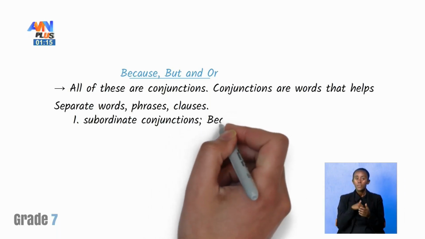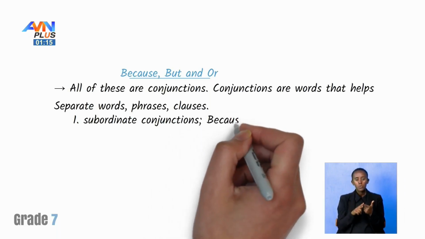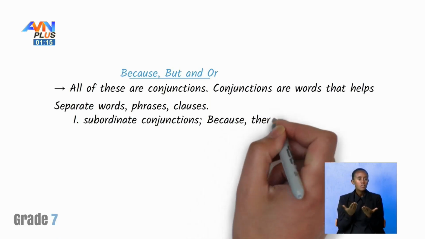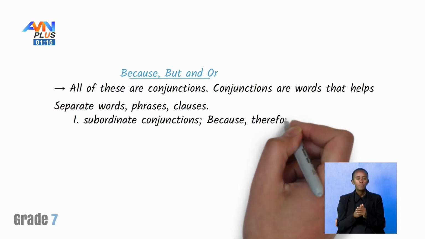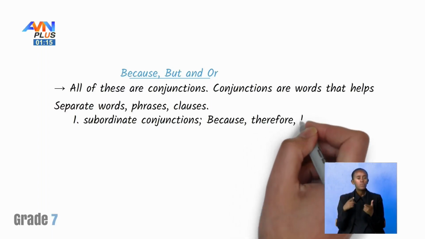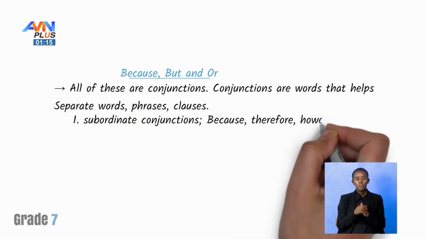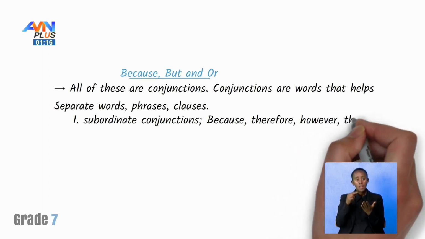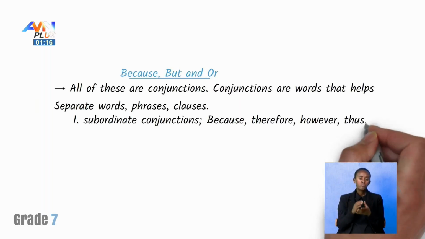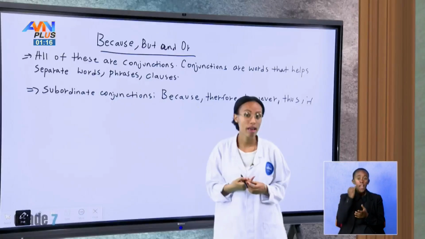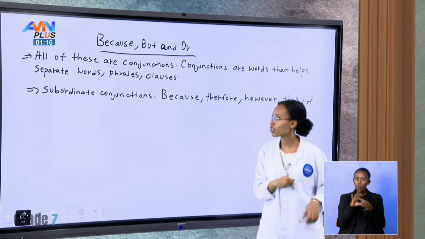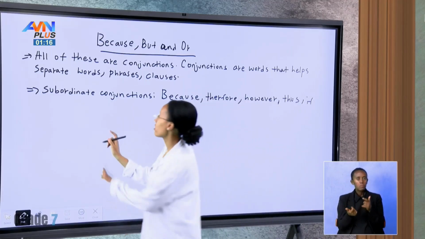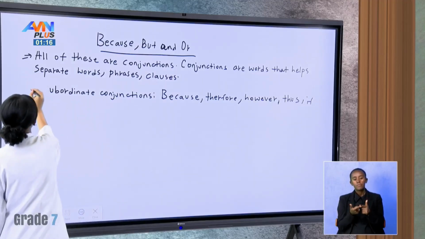We have therefore, however, many. We also have thus, and many others. We also have if. If is also a conjunction, a conditional conjunction. So this is the first one.